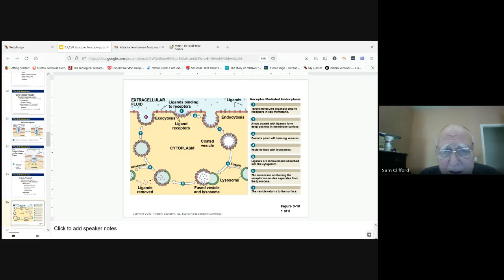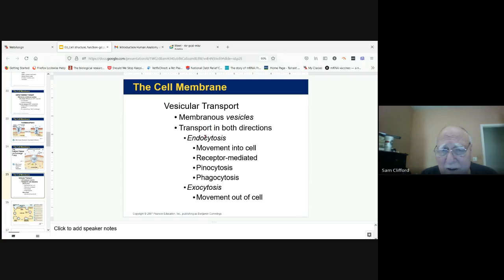The receptors here help control exactly what is brought into the cell by the formation of this spherical package. Read through this and just know in general what endocytosis is. Exocytosis is movement out of the cell; endocytosis is movement into the cell.